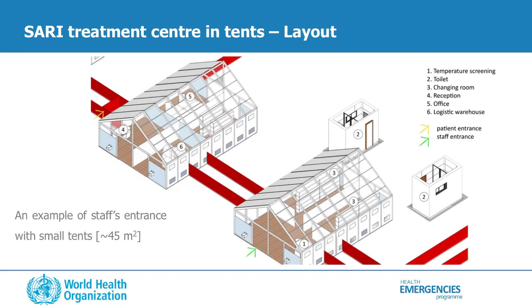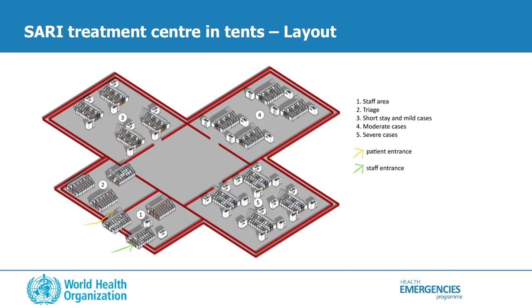This layout is an example of a staff's entrance with small tents of about 45 square meters and the different zones for the temperature screening, toilet, the changing room, reception, the office, but also the logistics warehouse. And on this last slide, you have an overview layout of a SARI treatment center in tents.